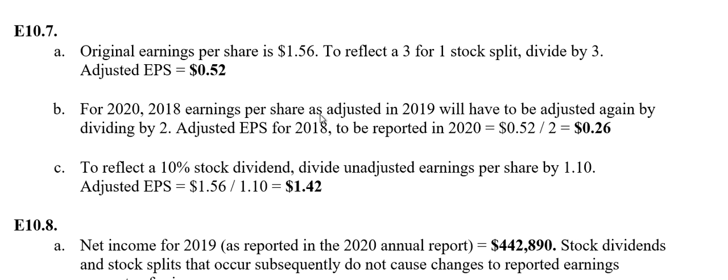It says, well, look, what if in the third year you have a 2-for-1 stock split? So what do you do then? Well, then you have to take the adjusted earnings per share and just adjust it again. So that's what you're doing in 2020: you're adjusting 2018, and then you're adjusting 2019, and then you have your regular earnings per share for 2020.